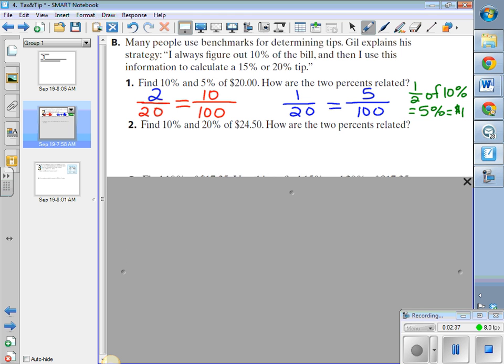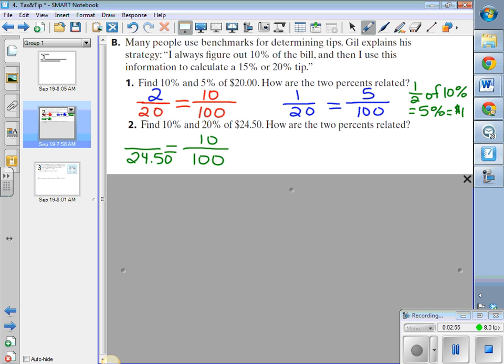Okay, so if we found 10% and 20% of $24.50, we can still do it the same way. So we've got 100 here, 10 here, 24.50 here. So 24.50 times 10 divided by 100 is going to give us $2.45.